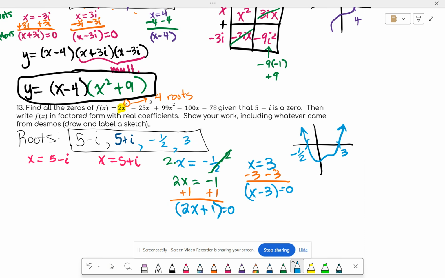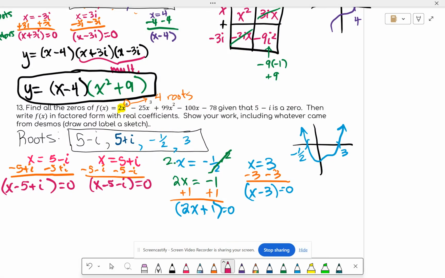And then for my complex factors, I'm going to subtract 5, subtract i, and then subtract 5 and add i. So x minus 5 plus i and x minus 5 minus i.